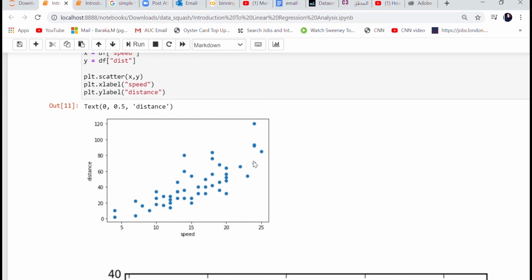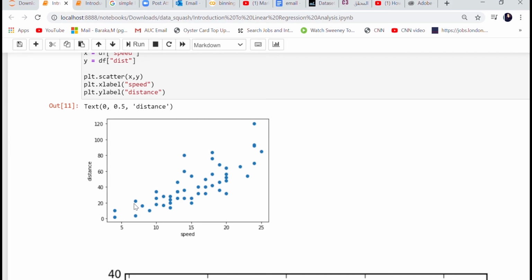So we can notice here that there's a linear trend. So this is another thing. If the scatter plot was looking a bit different, maybe from here we could actually observe the linearity between the variables. And if it doesn't look something like a line, then we might not want to use linear regression.